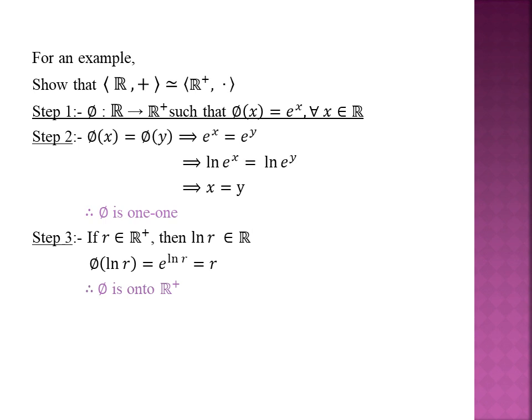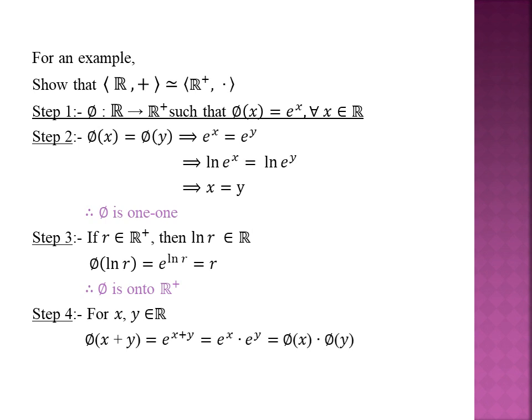The last step, step 4, is we have to show that the function phi satisfies the homomorphism property. For x, y belongs to R, we only take two numbers x and y in the real numbers R, then phi of x plus y equals e raised to x plus y.